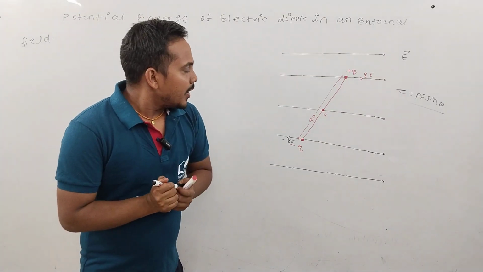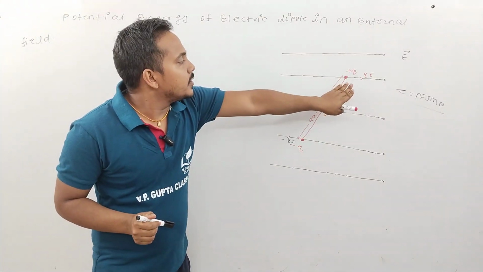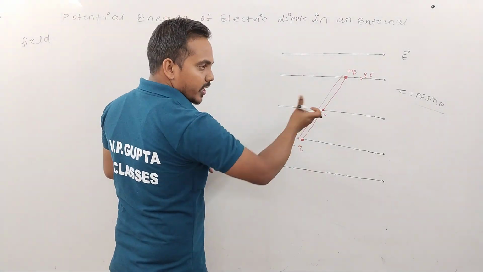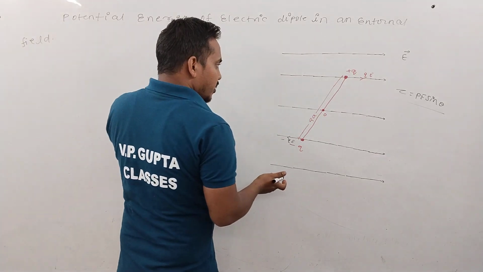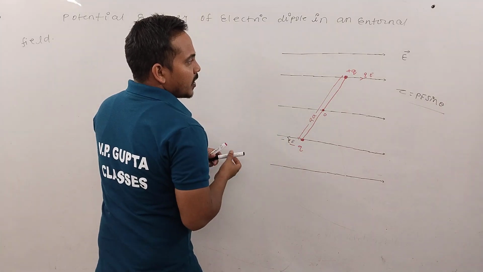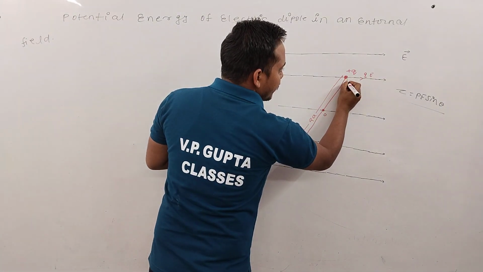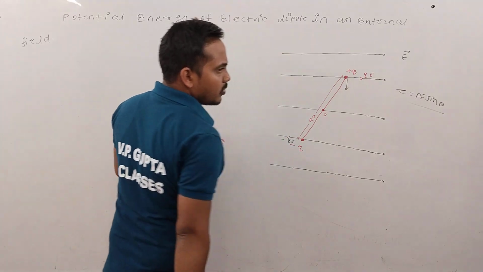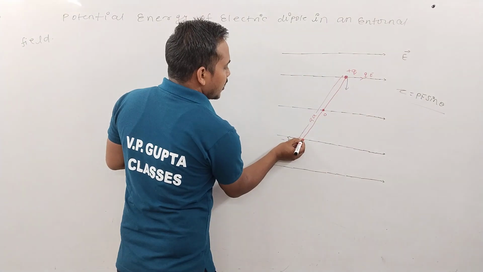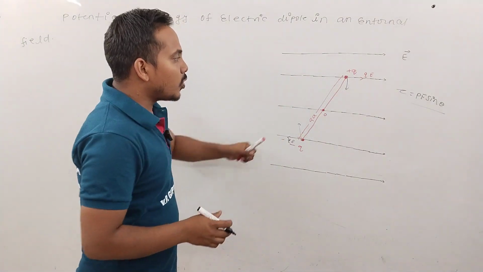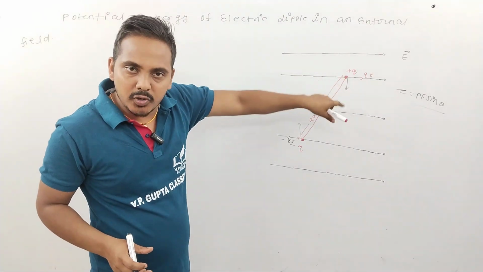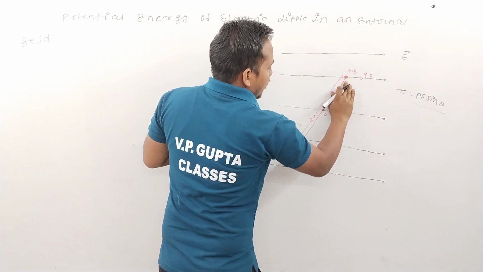Suppose this electric dipole rotates in the clockwise direction, with forces applied perpendicular, one inward and one upward, so it rotates and torque is produced.